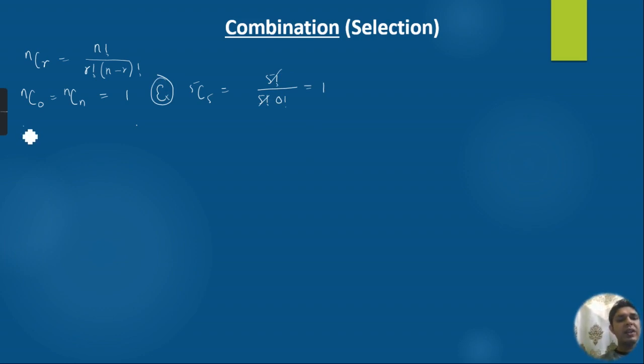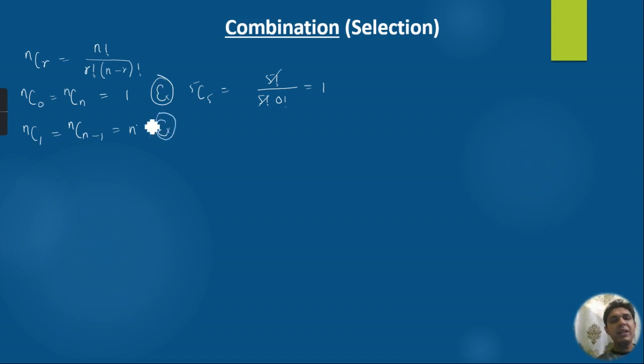Second, if I have to select one thing out of n, I can write it as selecting n minus 1 things out of n, and the value will be equal to n.